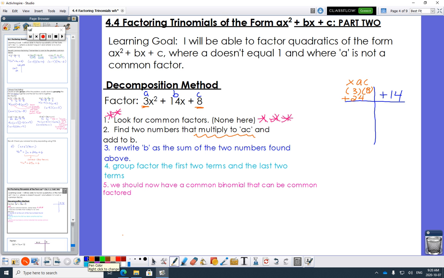As you get good at this, you can just write the plus 24, like multiply to 24 and add to 14. You don't have to write this stuff in orange, but if it helps you, then why not, okay?